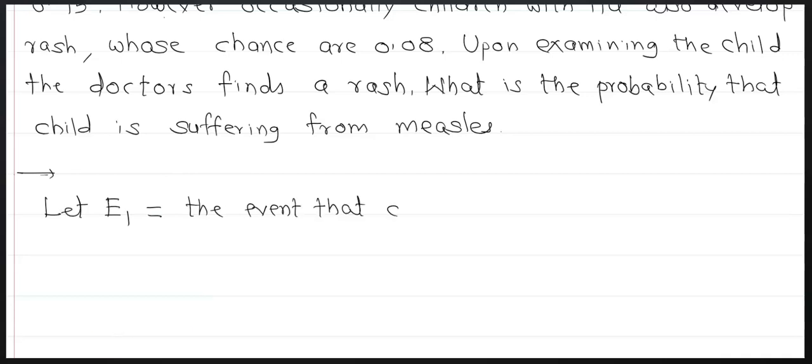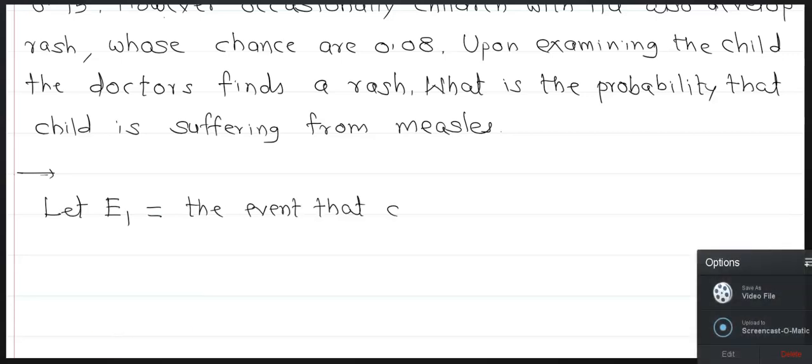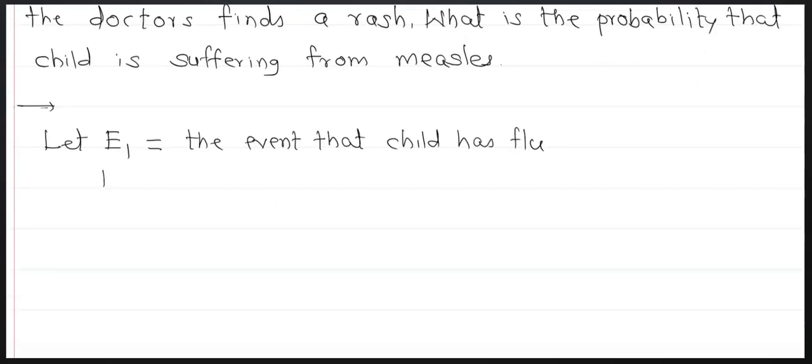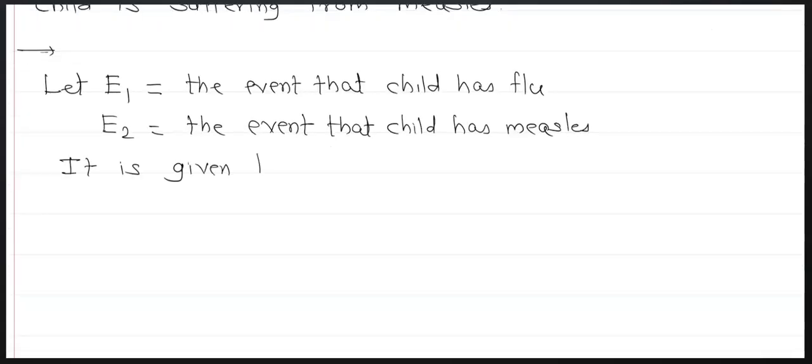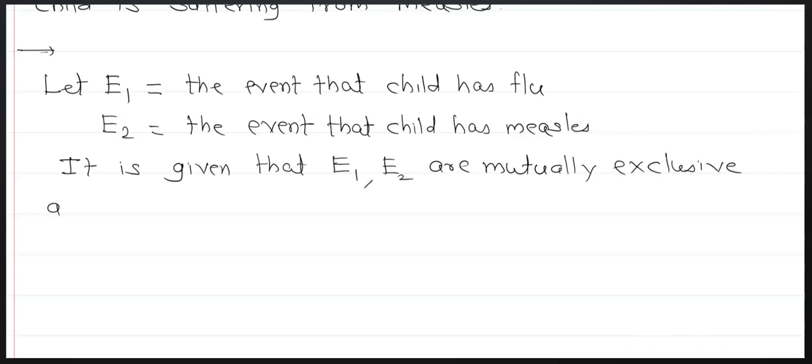Now again read the problem a number of times, then you can understand it. Otherwise, it's very complicated to understand. Now let E1 be the event that the child has flu, and E2 that the child has measles. It is given that E1 and E2 are again mutually exclusive and exhaustive events.